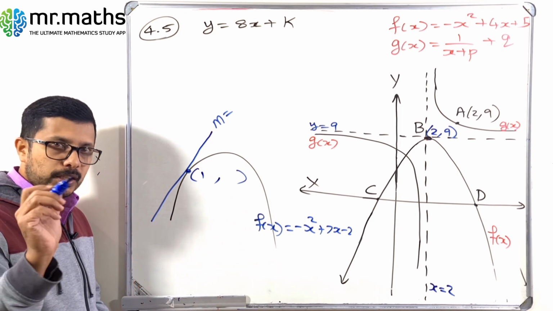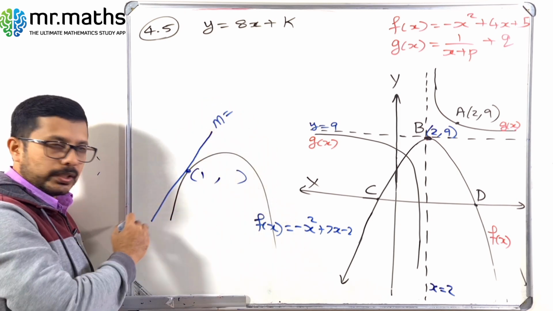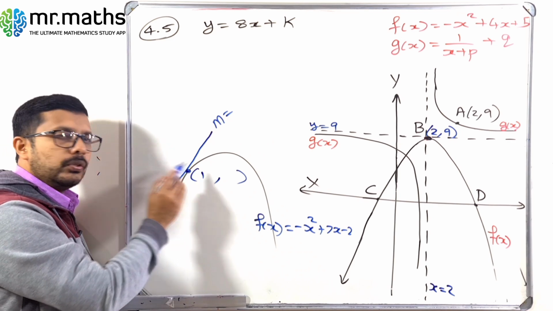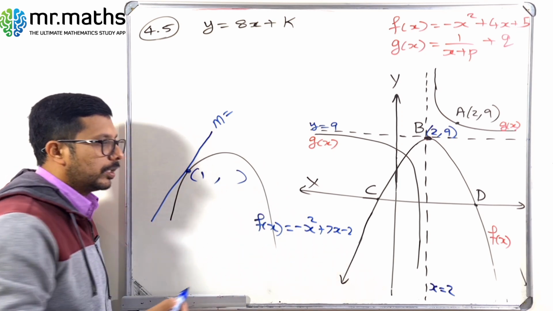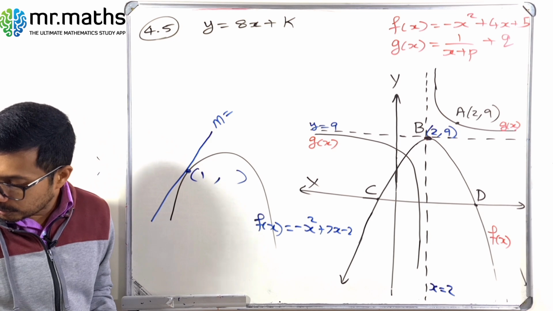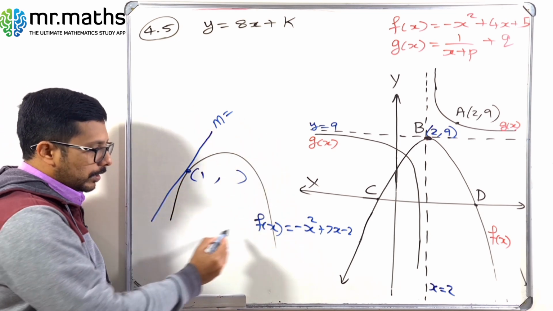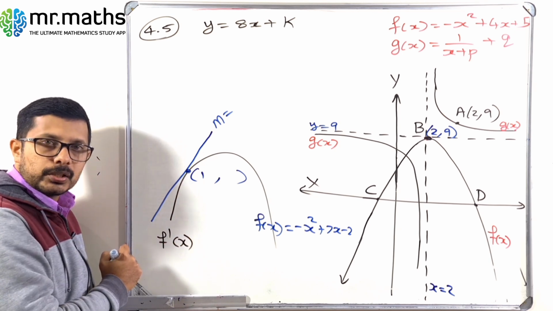Now what is my question? How to find the gradient of this tangent at this particular point? At this point, what is the x value? 1. And what is the equation of this curve? f of x is equal to minus x squared plus 7x minus 2. So to find the gradient of that curve, you have to find the derivative of that equation, f dash of x.